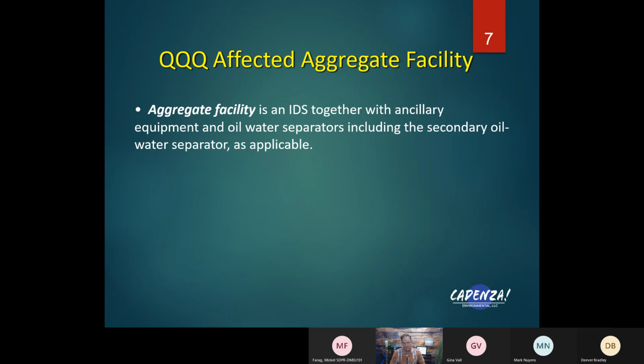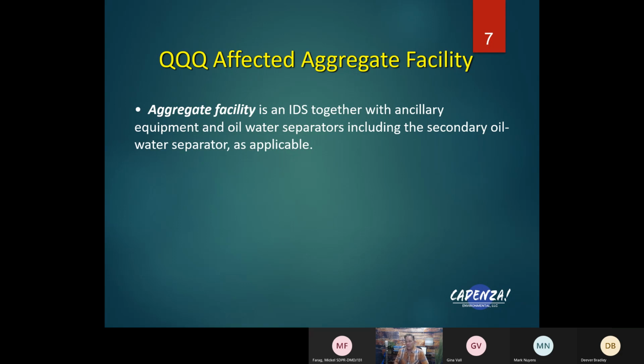Many refineries to this date have already triggered the aggregate facility as an affected facility because of course it's been 35 years or so since this rule was promulgated. And the way NSPS works is that it doesn't automatically mean that something that you have already built has to come up to certain standards.